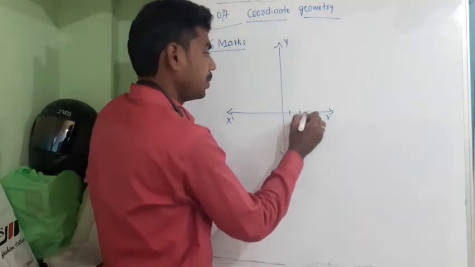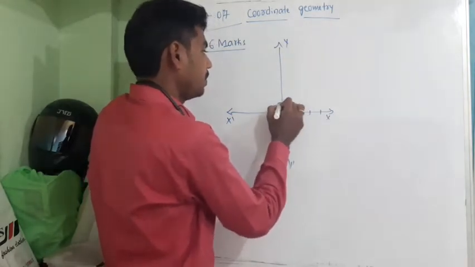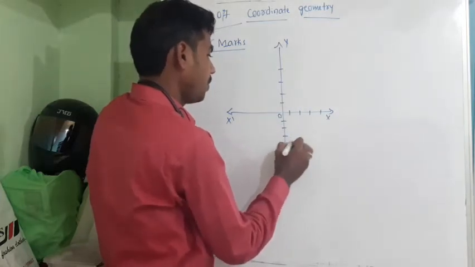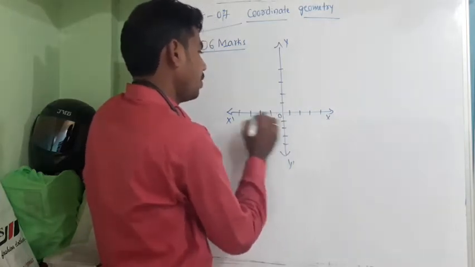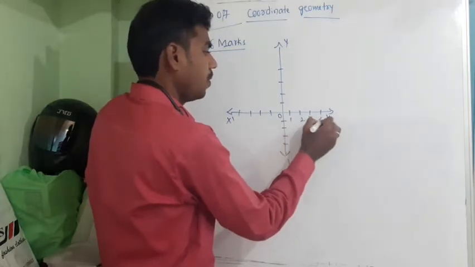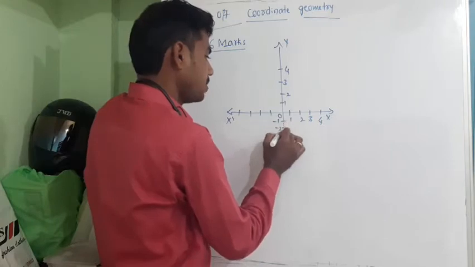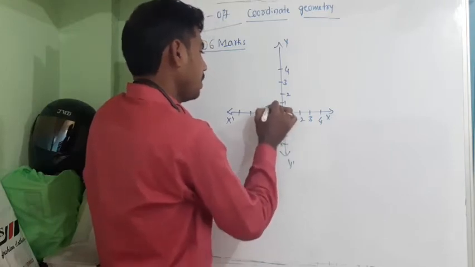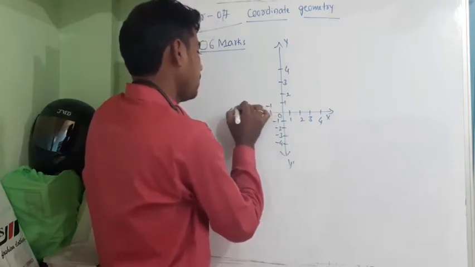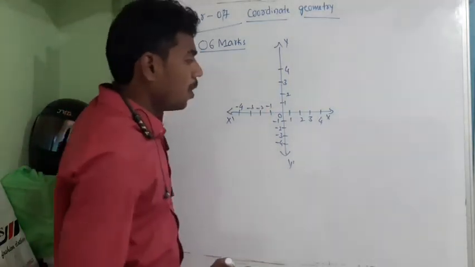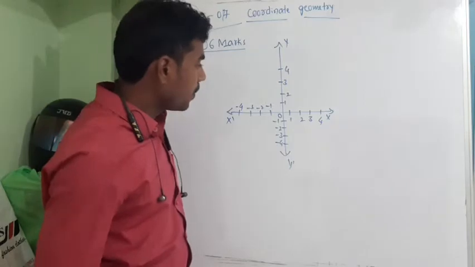1 2 3 4 on each side, and minus 1 minus 2 minus 3 minus 4. See, if I want to represent a point, 2 comma minus 2, how am I going to represent it?